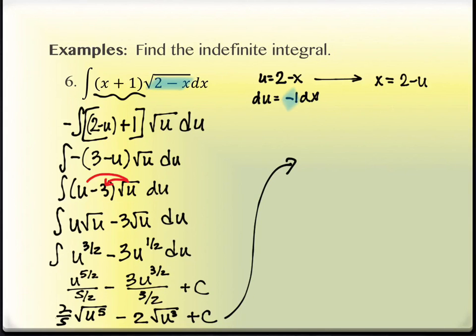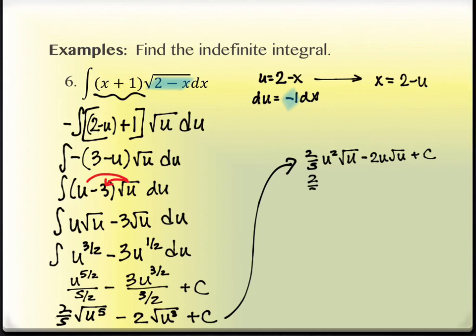So I've got 2/5, and I have u squared, and then square root of u, and then minus 2u square root of u plus my c. I do need the u plugged back in as 2 minus x.